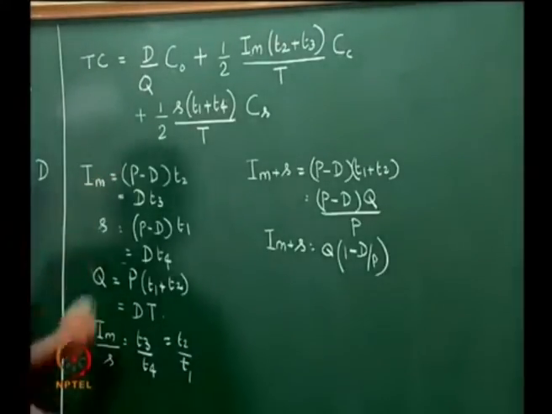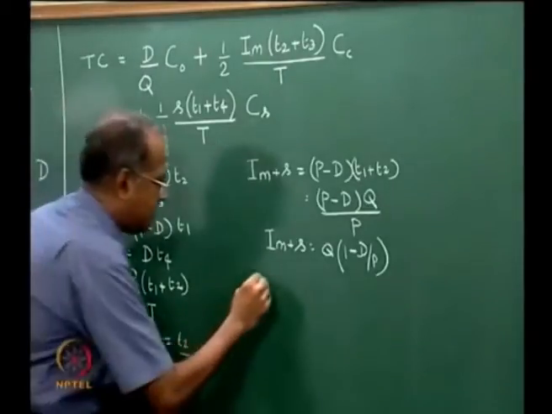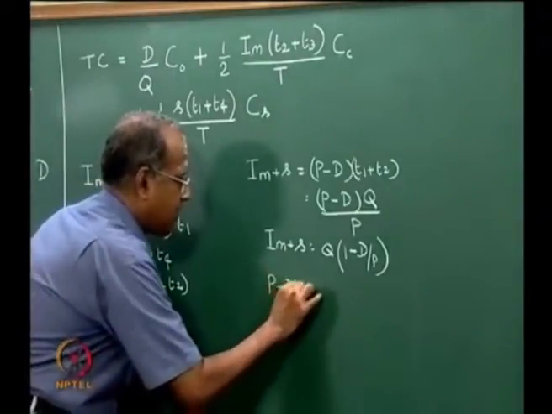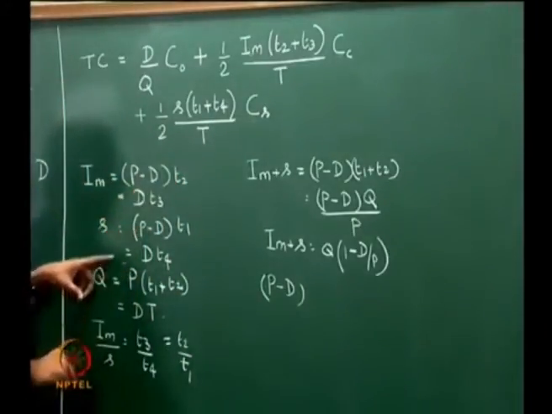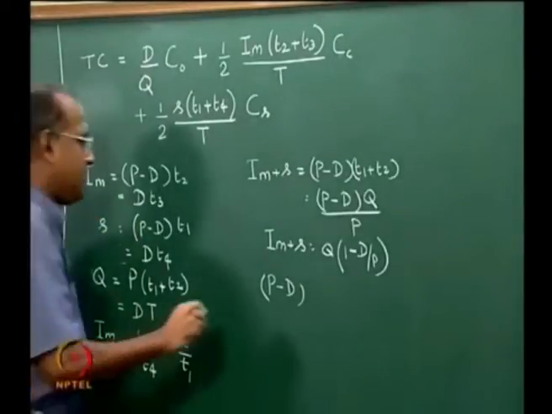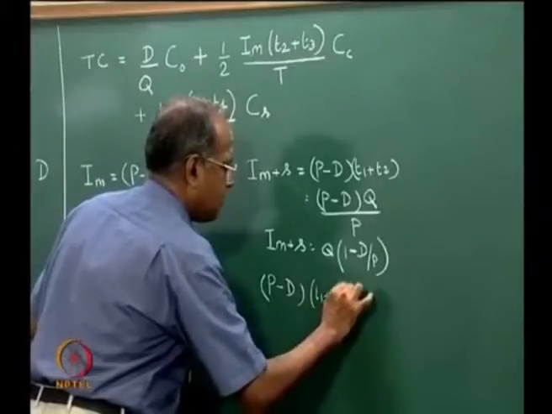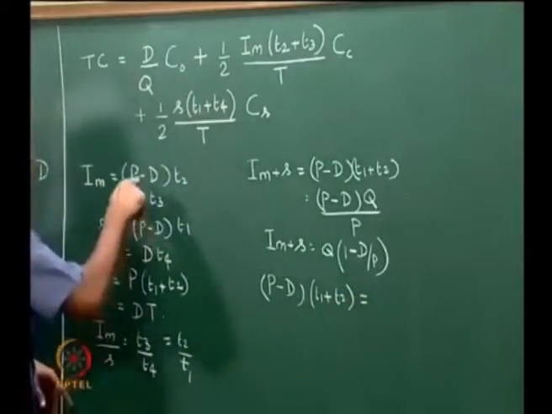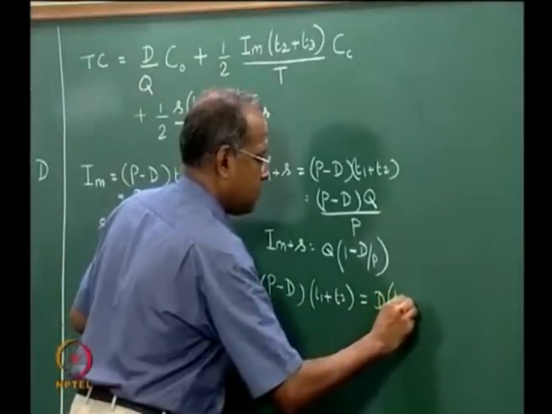Now, we also have (P minus D) into T2 is equal to D into T3. So, (P minus D) into T2 plus (P minus D) into T1, so (P minus D) into (T1 plus T2), is equal to D into (T3 plus T4).